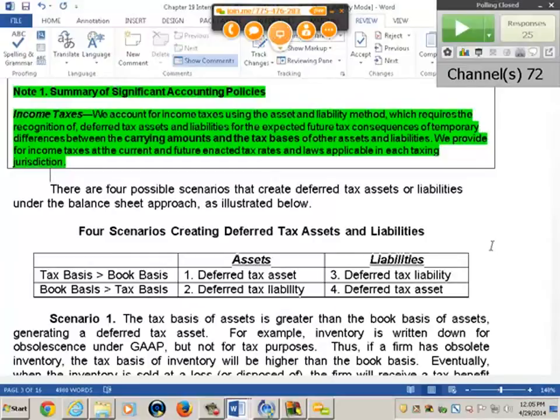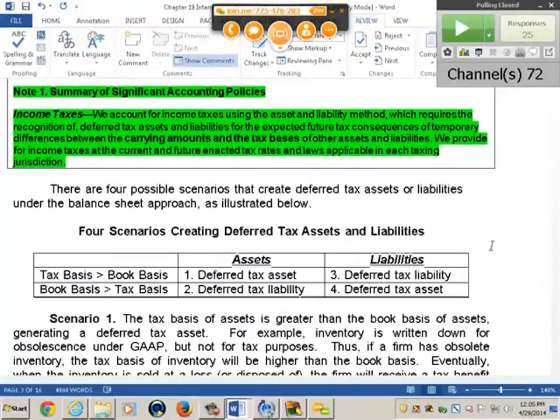If the tax basis is higher than the book basis for an asset, an example would be bad debt allowance not being deducted for tax purposes, means your accounts receivable are higher for tax, gives rise to a tax asset. Now, I would ask you to read through those scenarios.